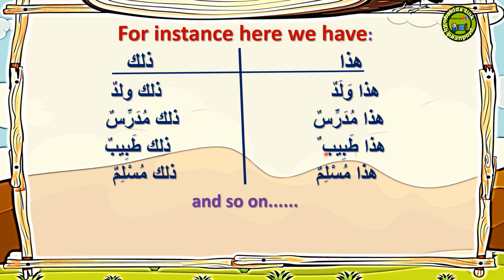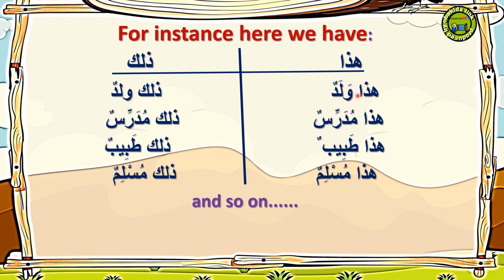For instance, we have Haza. Haza is a singular demonstrative pronoun which means this. It is also used to point to a singular close object. And Zalika. Zalika is a singular demonstrative pronoun which means that. It is also used to point to a singular far object.